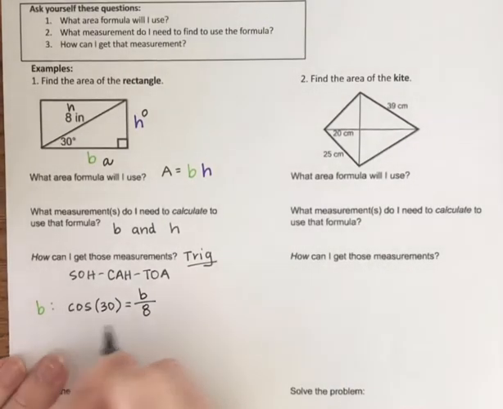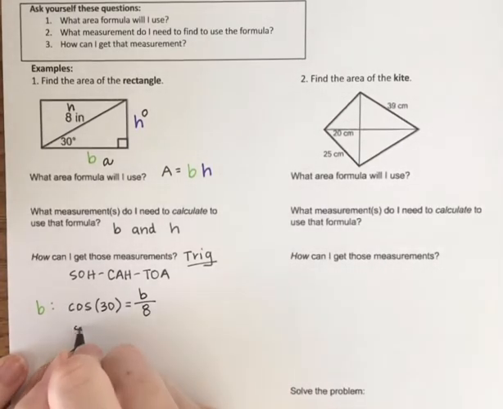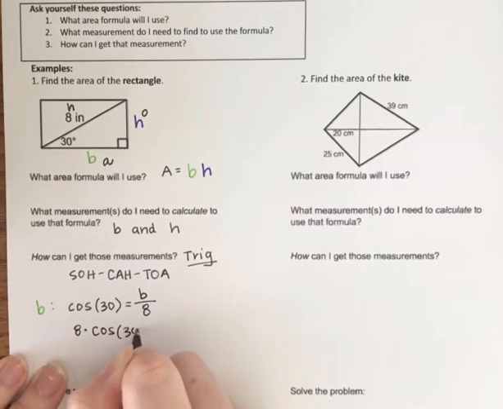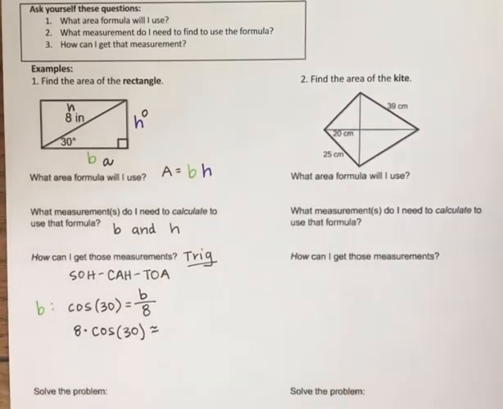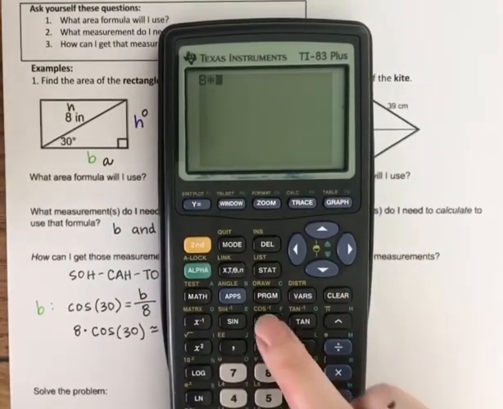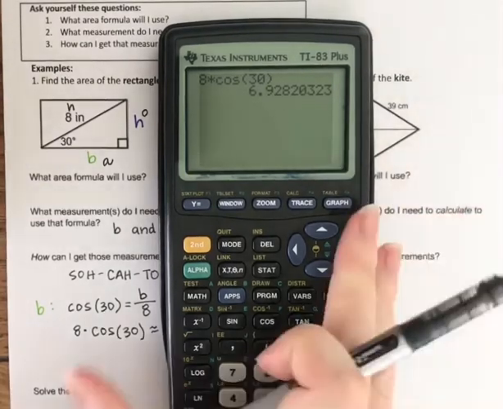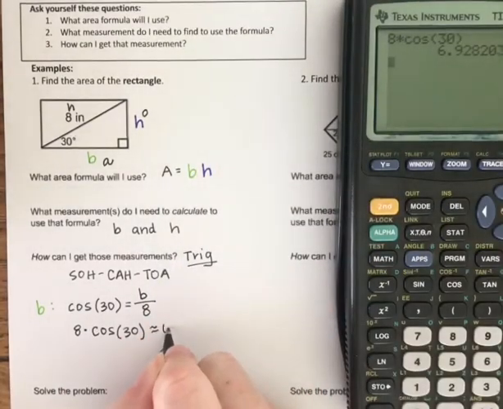So I'm going to go ahead and multiply, since the b is on the top, so 8 times the cosine of 30, and we will round that to the nearest hundredth if we need to. So 8 times cosine 30 gives me 6.928, so about 6.93.